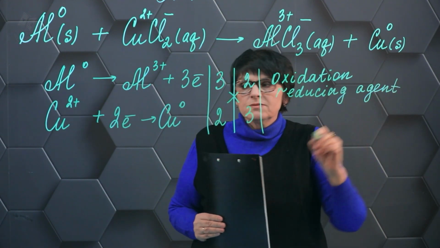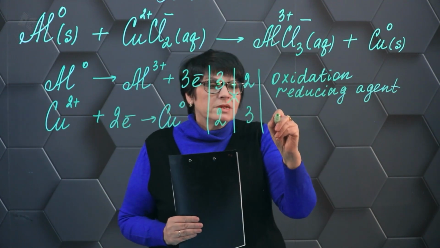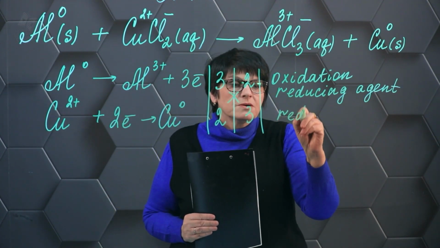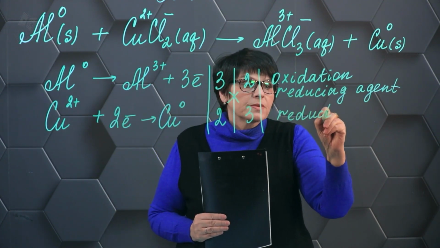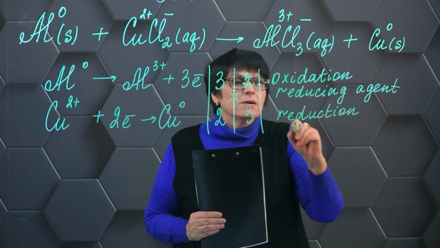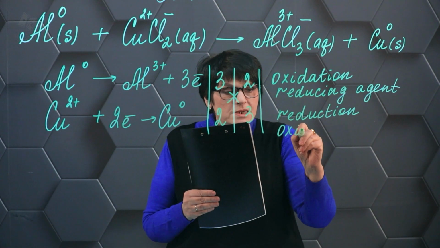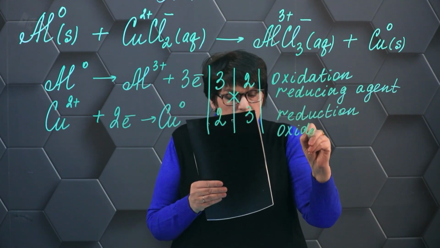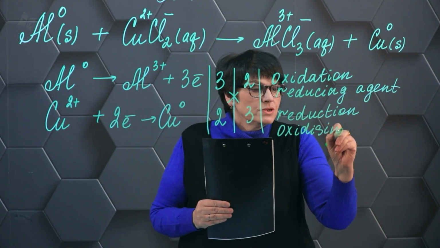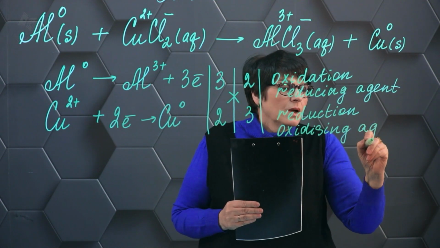Alright, what then would be considered as our copper? Copper refers to the process known as reduction. And this element itself is called an oxidizer. Good.